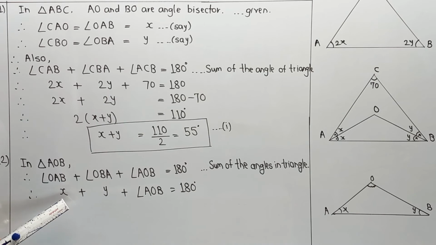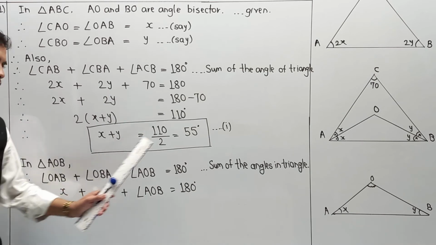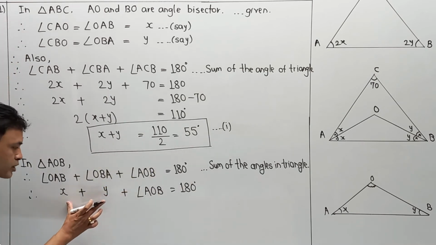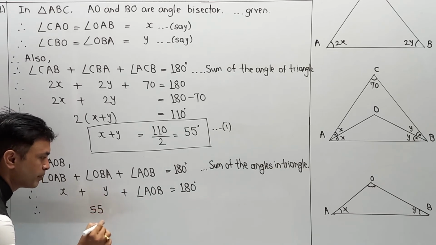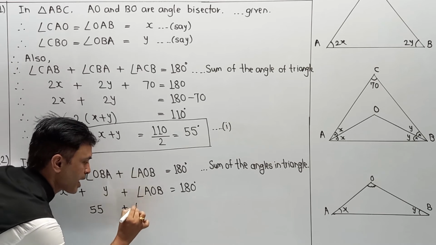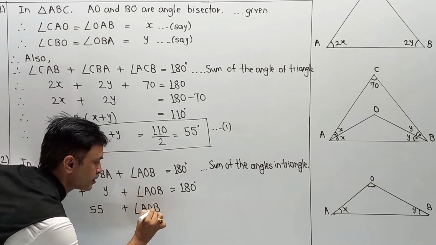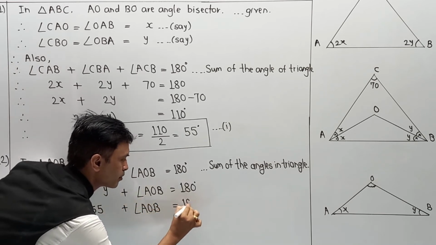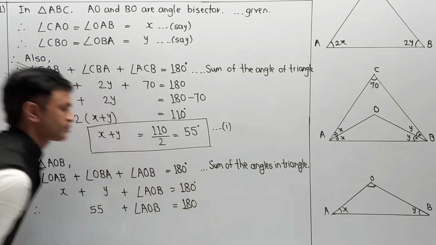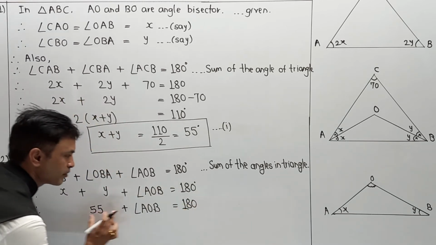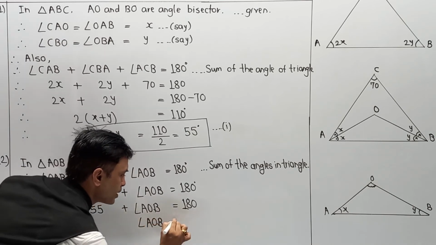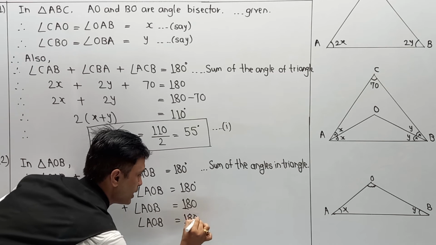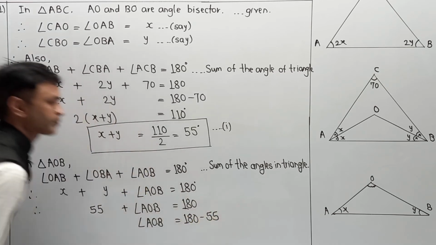We know x plus y is 55 degree. So the addition of x plus y becomes 55 degree plus angle AOB is equal to 180 degree. Now shifting 55 to that side, angle AOB is equal to 180 minus 55 degree.